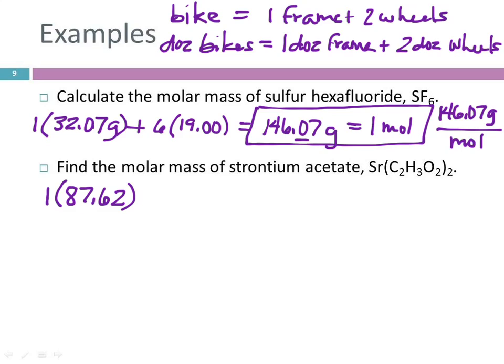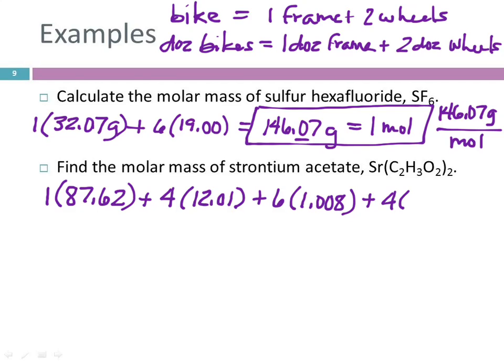So 1 mole of strontium weighs 87.62 grams, and then we've got 4 moles of carbon. Each mole of carbon weighs 12.01 grams. We have 6 moles of hydrogen. Each of those weighs 1.008. And 4 moles of oxygen. Each of those weighs 16.